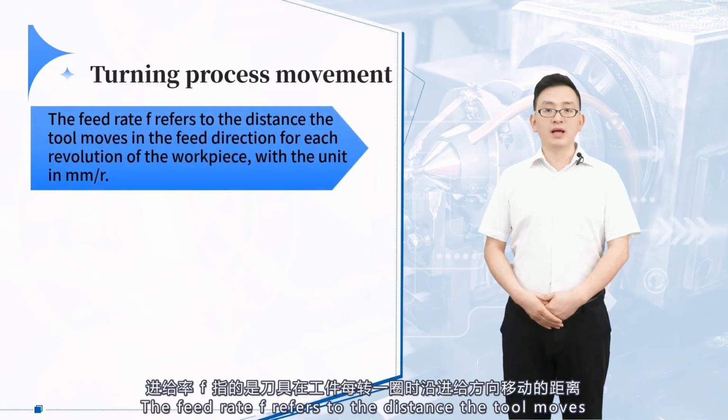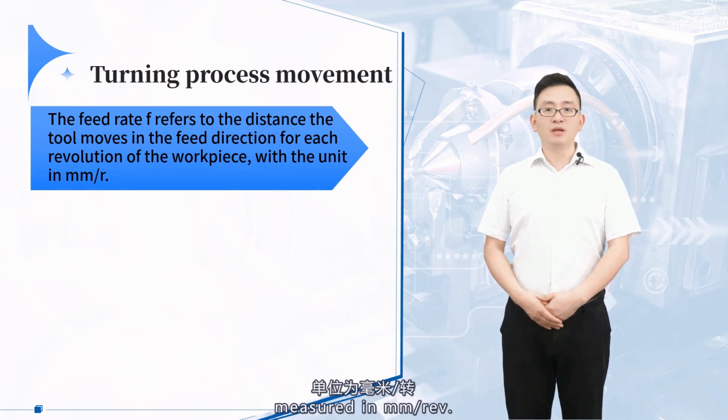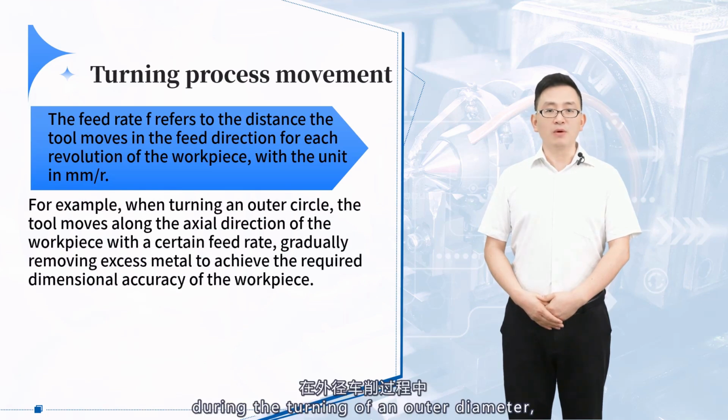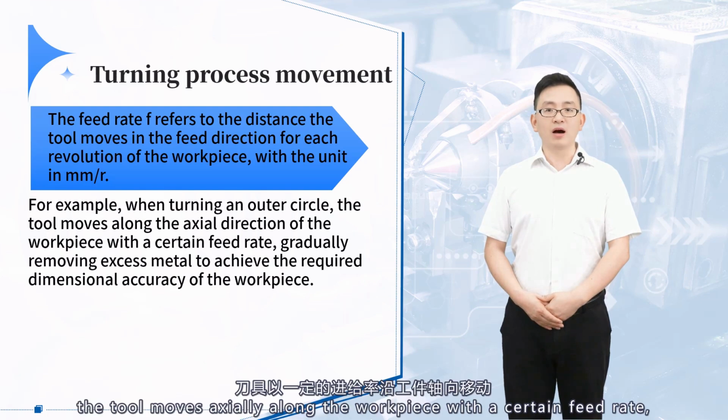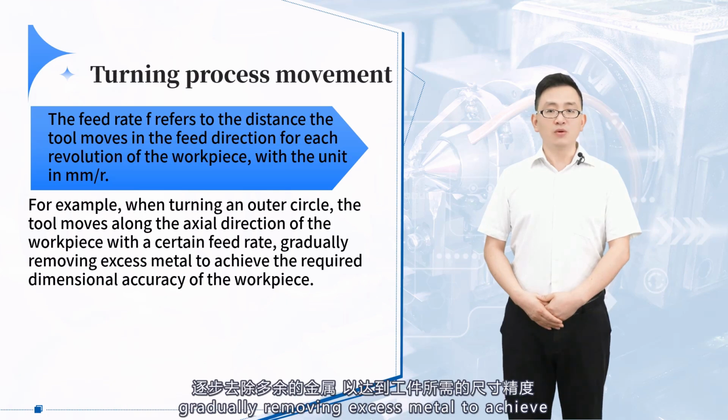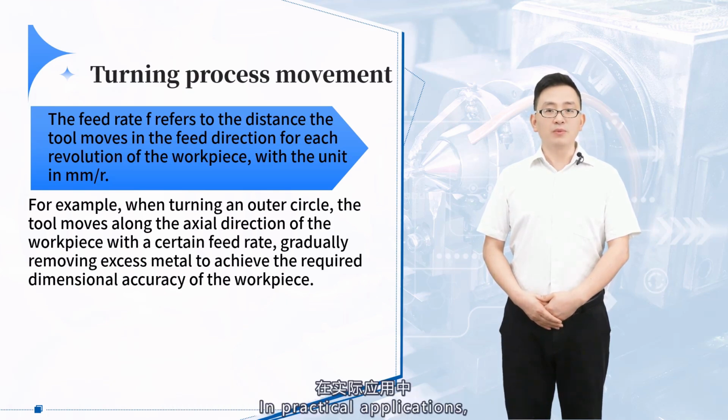The feed rate f refers to the distance the tool moves in the feed direction for each revolution of the workpiece, measured in mm/r. For example, during the turning of an outer diameter, the tool moves axially along the workpiece with a certain feed rate, gradually removing excess metal to achieve the desired dimensional accuracy of the workpiece.